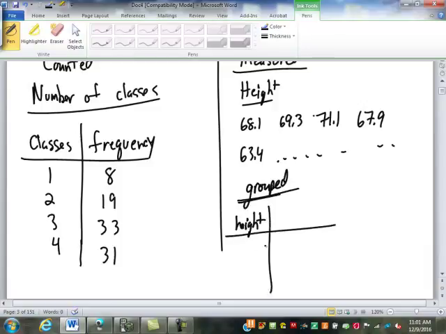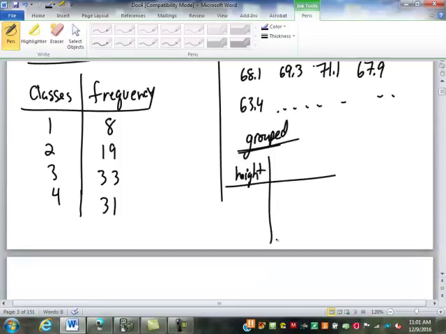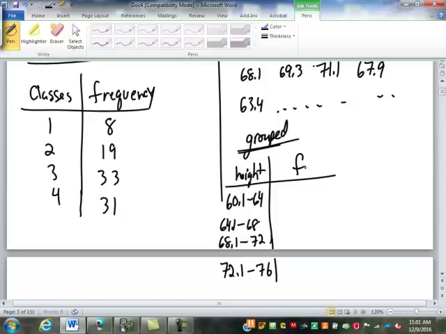So for the height, instead of saying 60 inches or whatever, we might say 60.1 to 64, 64.1 to 68, 68.1 to 72, 72.1 to 76. And then we'd list our frequencies. So we're not getting each individual value.